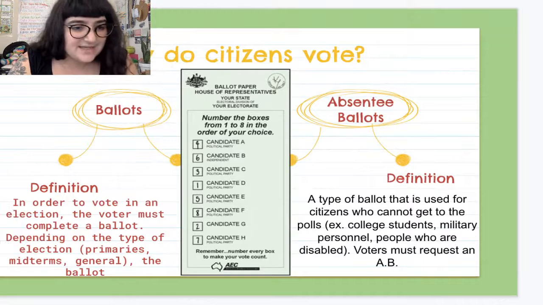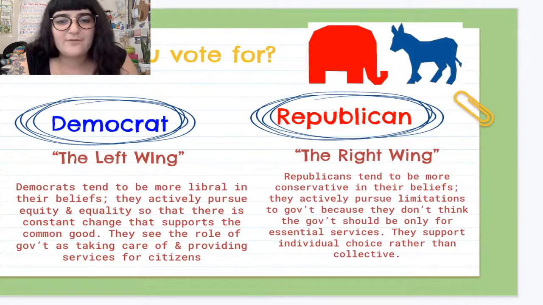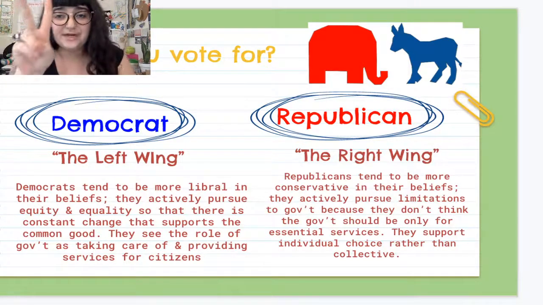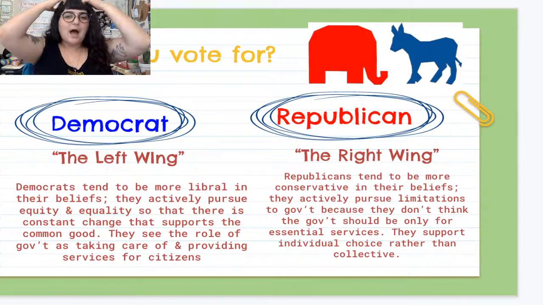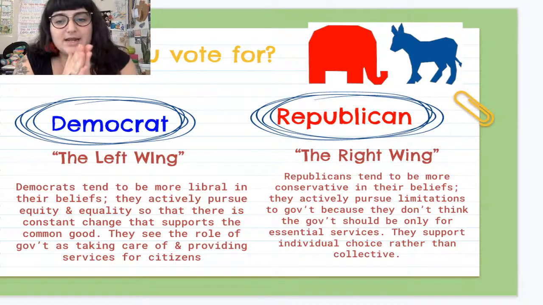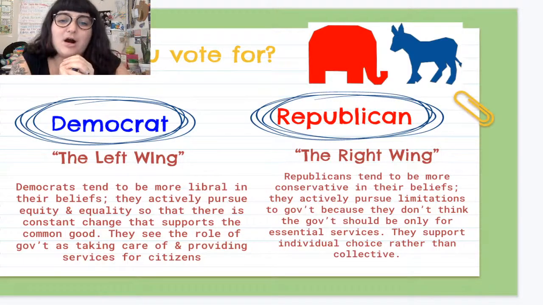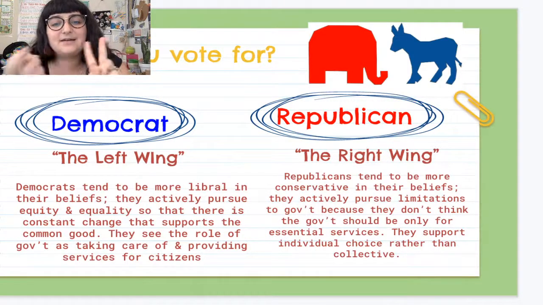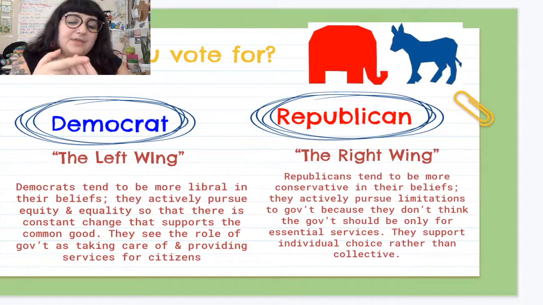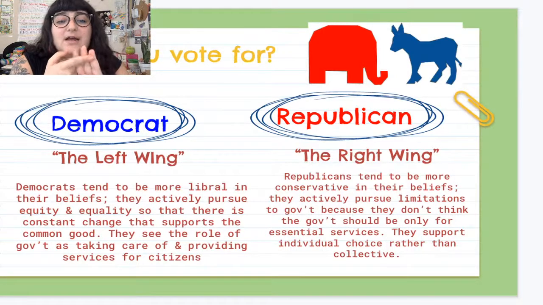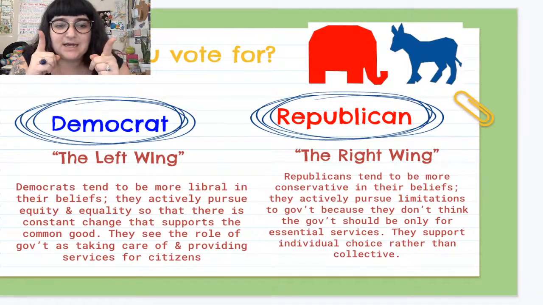Now, the next piece of this is that typically we are voting for a Democrat or a Republican. Of course, there are other parties, but the majority of voters tend to fall in these two categories. There are categories like independent, the Green Party, the People's Party, and a few other parties that don't quite have values that align with either one of these candidates.